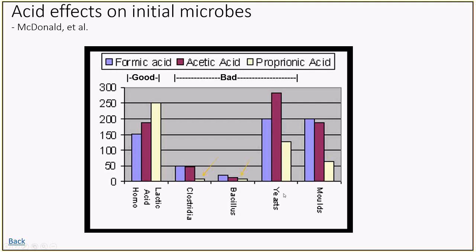And if we look at these different acids, propionic acid, versus acetic acid or formic acid, is going to inhibit the molds and the yeast and the Bacillus and the Clostridia, but allow lactic acid bacteria to grow. So that's why it's such an effective treatment in order to try to maximize rumen fuel. And generally, the addition of rumen fuel that you get as a result is going to way more than pay for what it costs.